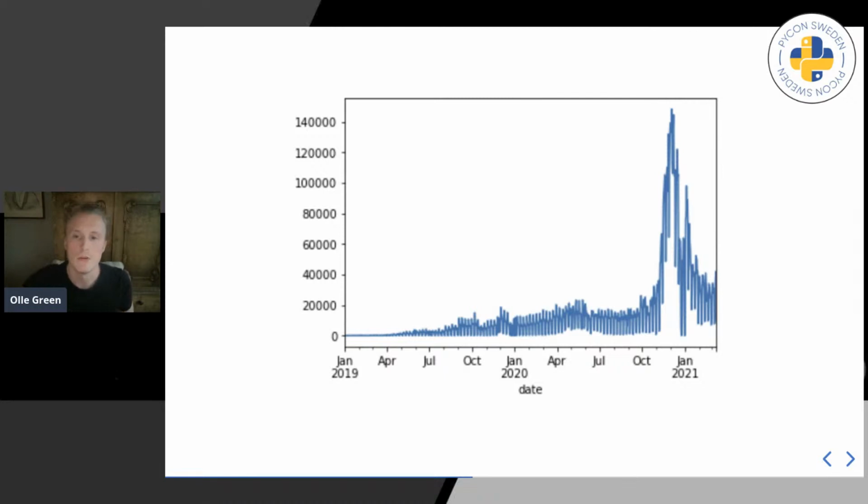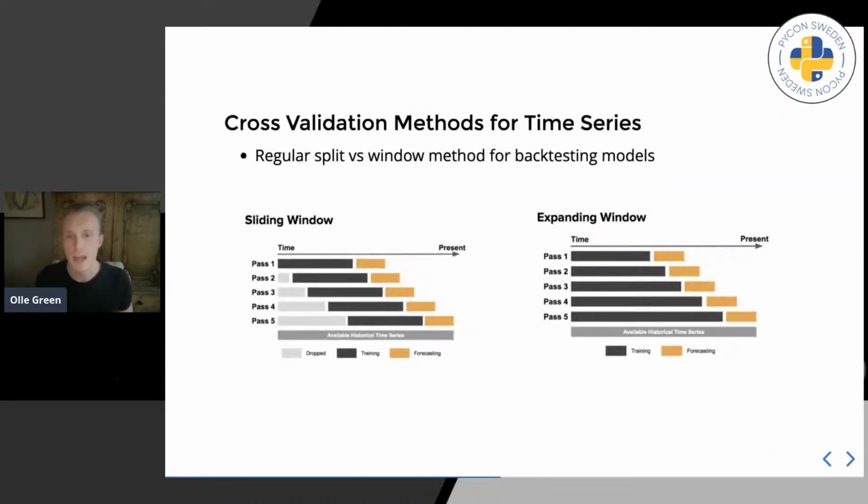So here we introduce the concept of validating our time series models, because a regular split might not be the optimal way of testing this. Instead, we can use a cross-validation method called sliding window or expanding window, which is very popular in time series analysis.